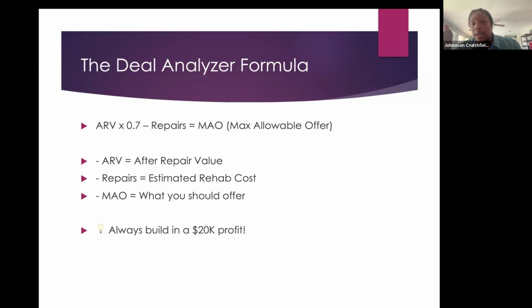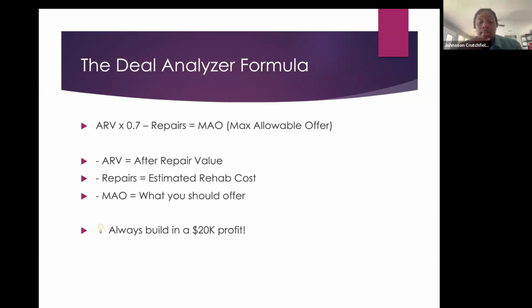Maybe you are investing for long term. But we teach you to get a deal so that you can actually make some money. Also, if you get a good deal investing this way, you should have the option to wholesale the property, to flip the property, or to keep it as a rental. It should work for all three if you're using this formula.